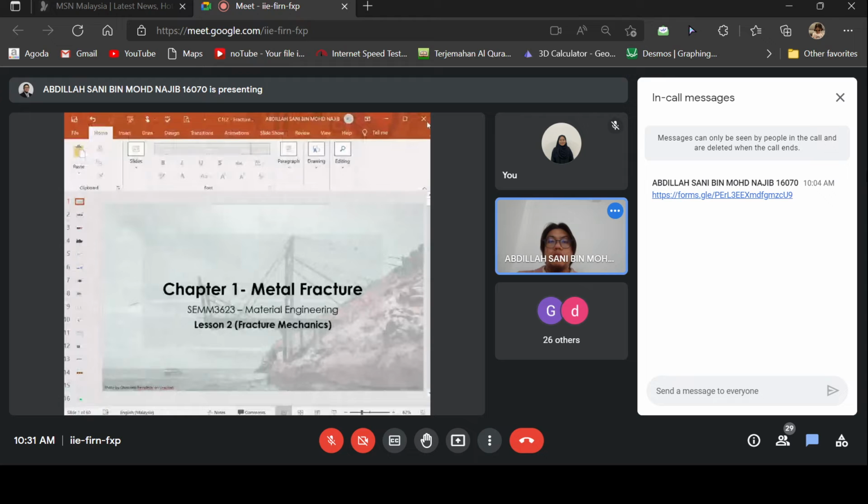Number three, explain Griffith's analysis of the critical stress for brittle fracture. Number four, explain the difference between the three modes of fracture. Next, define what the stress intensity factor K1 is. And finally, define fracture toughness.